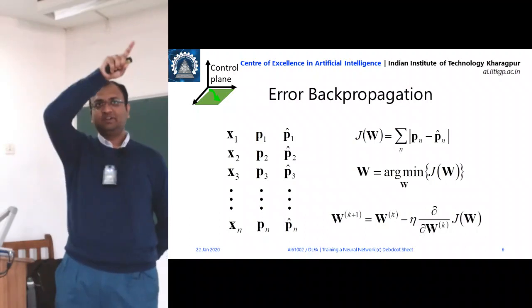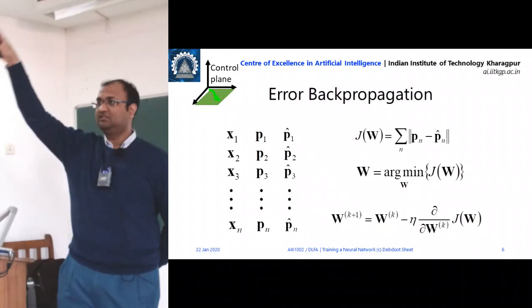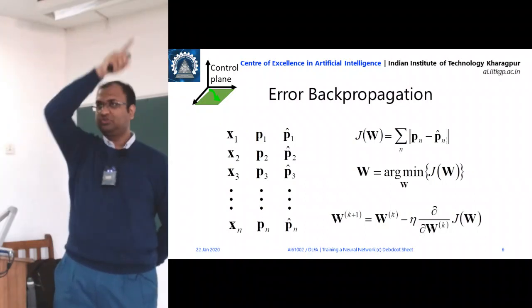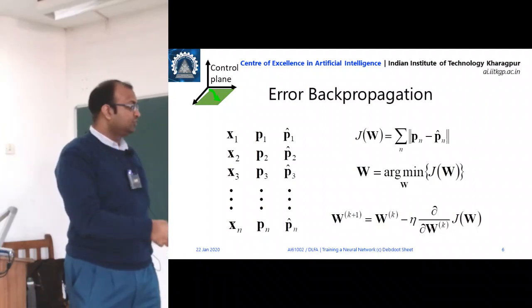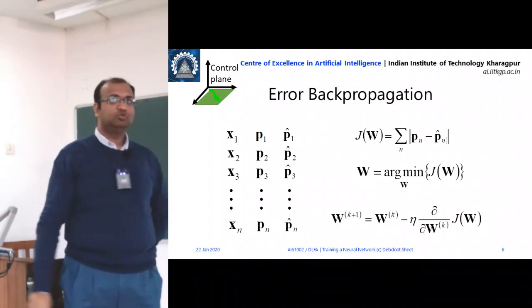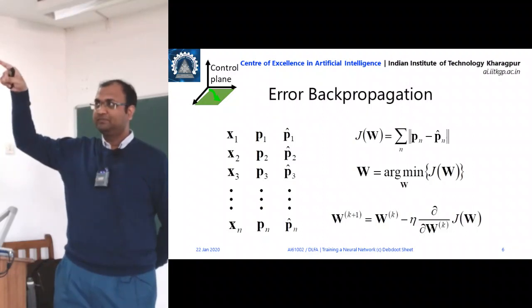Now this J(w) can be of some sort like this, or it can be like this as well. So imagine this to be some sort of a parabola. Now this part, del w of J(w), is going to be the slope at any point on that parabola.